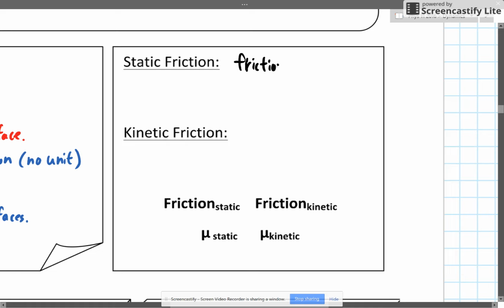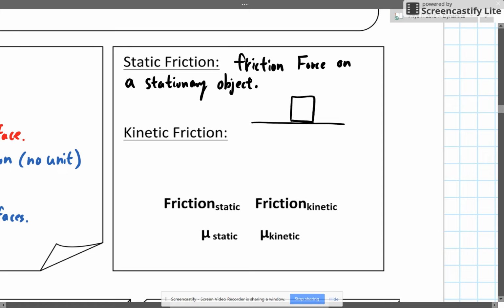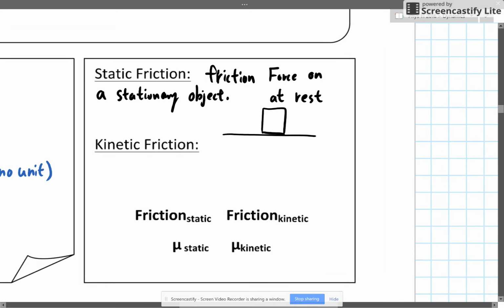So static friction is the friction force on a stationary object. Now, stationary means that it is not moving. So, for example, if an object is truly at rest, that means it is at this moment not moving. And let's say you're trying to push it.